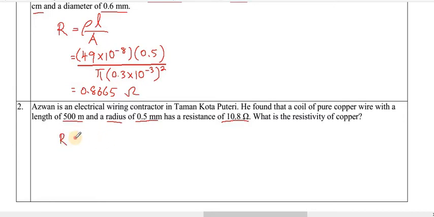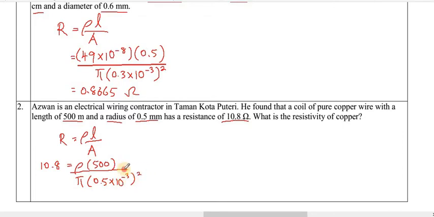So R equals resistivity times length over the cross-sectional area. The resistance is 10.8 ohm. Resistivity is the one that we are looking for. The length is 500 meter. And then the cross-sectional area can be calculated from the radius: pi r square, with r being 0.5 times 10 power by negative 3, squared.